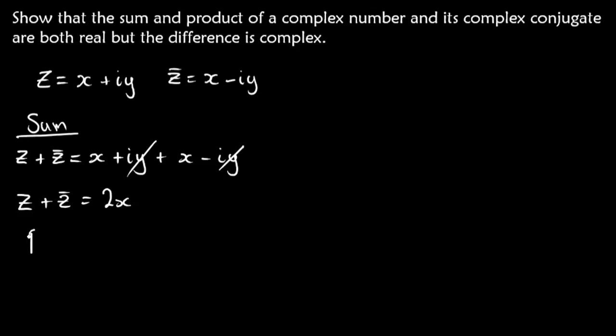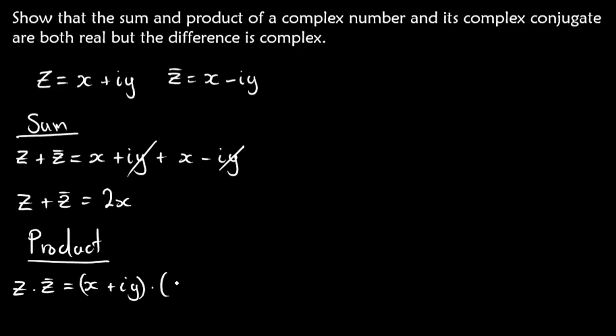So for the product, we're going to multiply z by its conjugate. So z is x plus iy, multiplied by x minus iy.